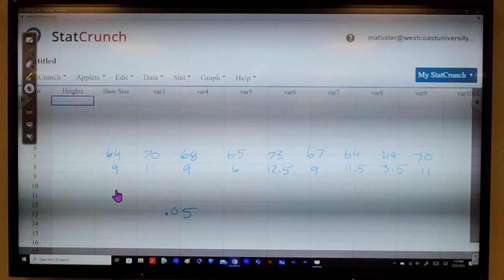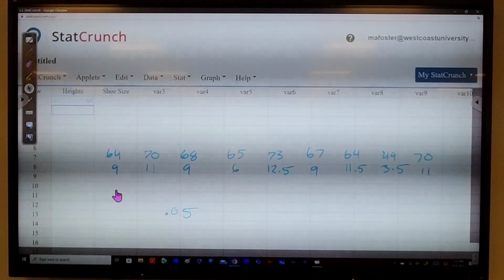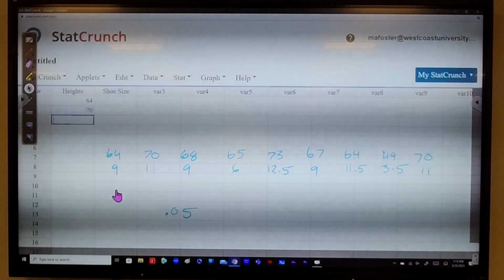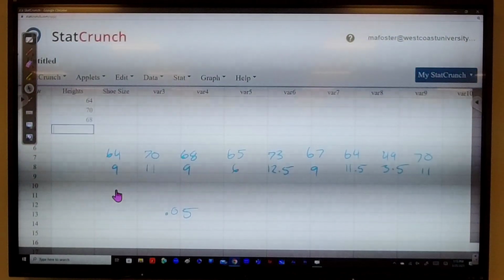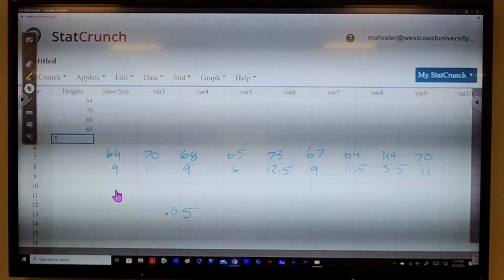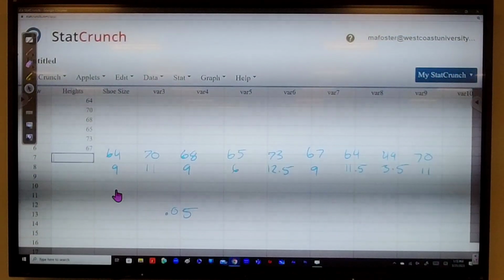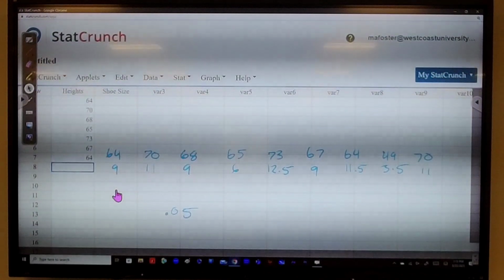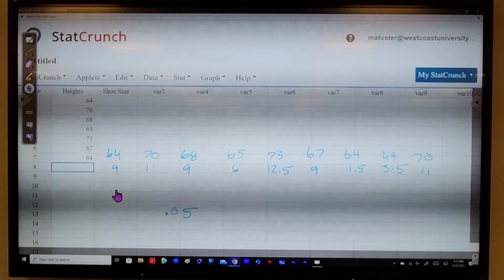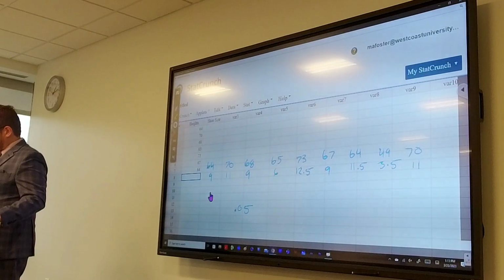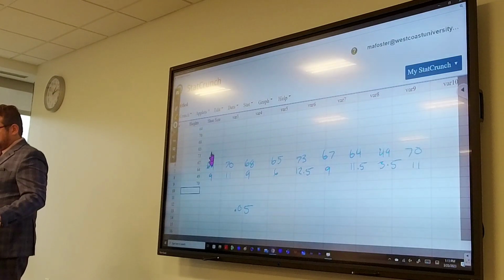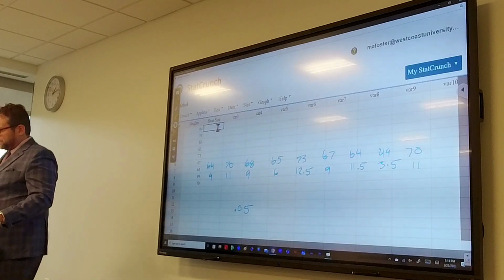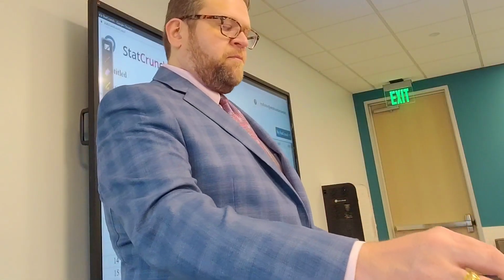And I've got the numbers right here, so 64, 70, 68, 65, 73. I get all my heights typed in, and then now I'll put in the shoe sizes.